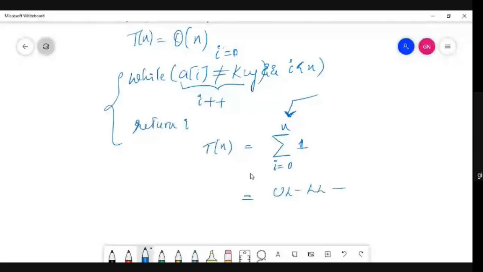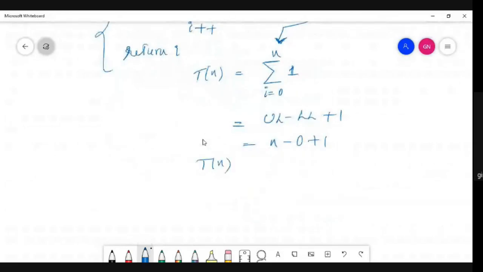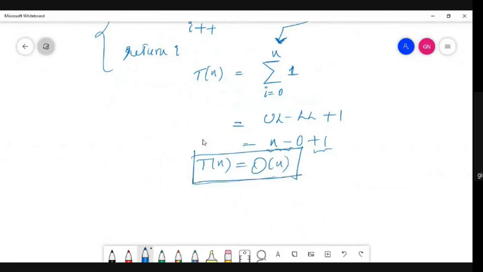The upper limit is n, the lower limit is 0, plus 1. When we are calculating the time complexity for n values, plus 1 is ignorable, so it is big O of n.